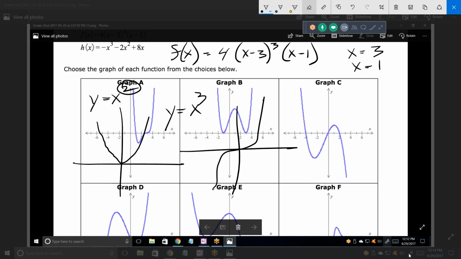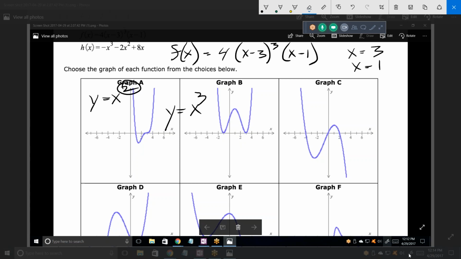It's not the leading one, it's each specific zero. It has nothing to do with the leading one. It has to do with the size of the exponent of your zeros. In other words, we have a zero at 3, but we actually have 3 of them. That's a multiplicity of 3.